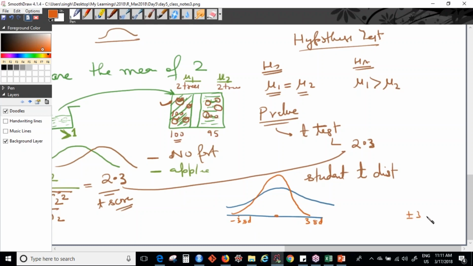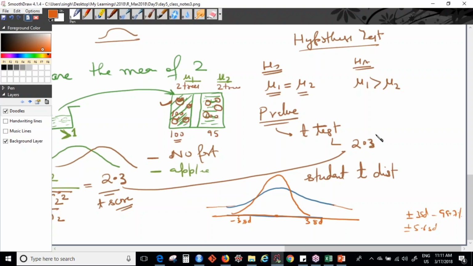We know that if you go 3 standard deviations on both sides, you get almost 99.7% of your data points. But the student t distribution has longer tails, so it goes further. You can go till maybe 5 or 6 standard deviations because it has longer tails, so its region is more. That is the only difference between the normal distribution and the student t distribution.